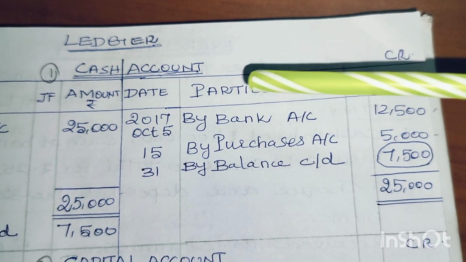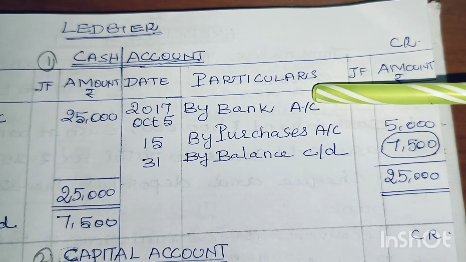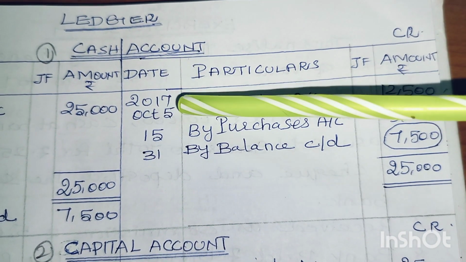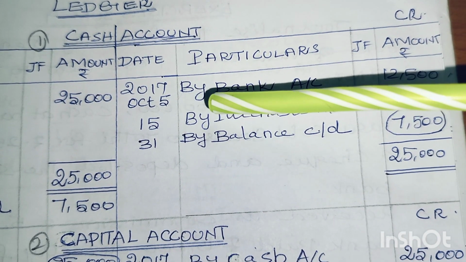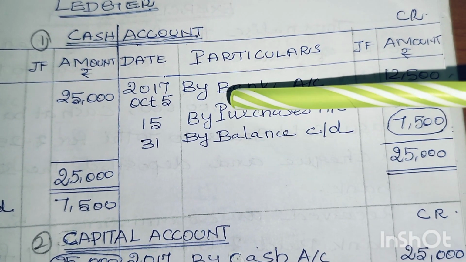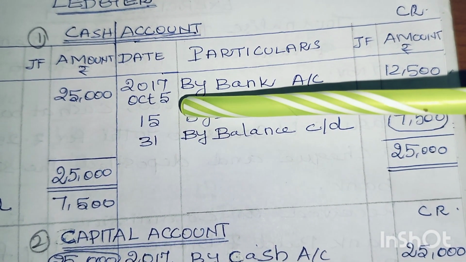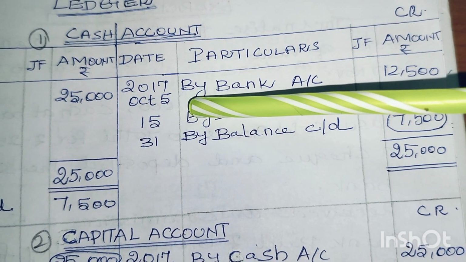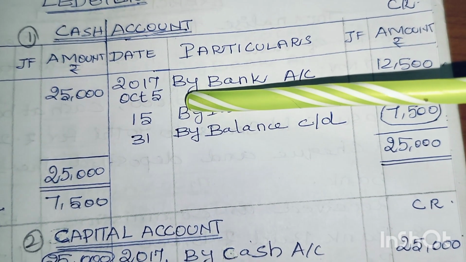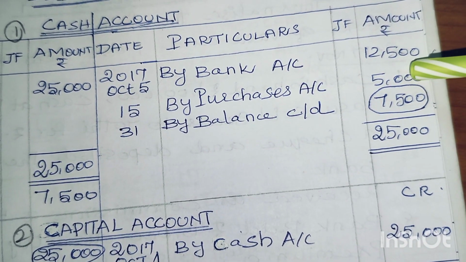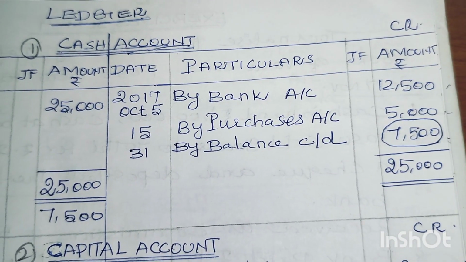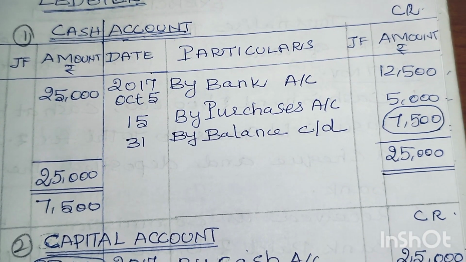So under the cash account we go to credit side dated 2017 October 5. What is the opposite account? Bank account. So we always start with "By" on the credit side. So we start with "By bank account". How much rupees? 12,500 we entered in the amount column.